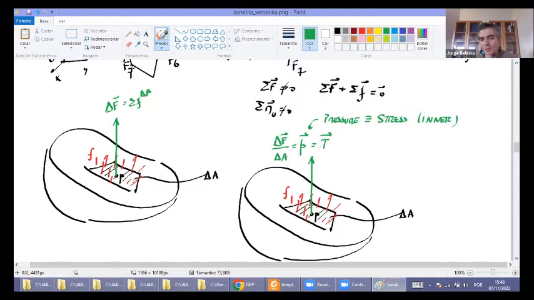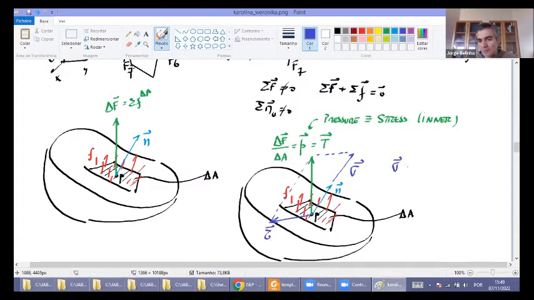If you now decompose this vector T, because you know that this surface, which is cut, is a plane with a normal, if you project this vector T on this normal, you get two vectors. A normal vector, which is called sigma, and a shear vector, which is called tau.